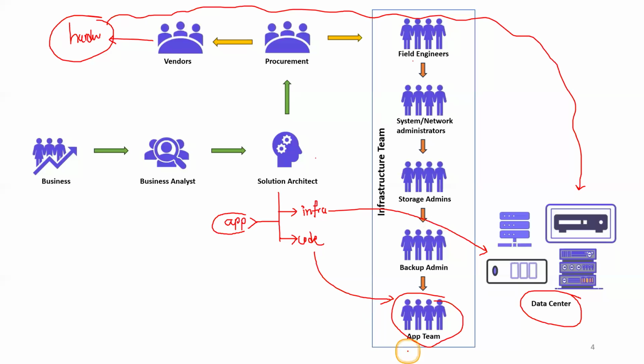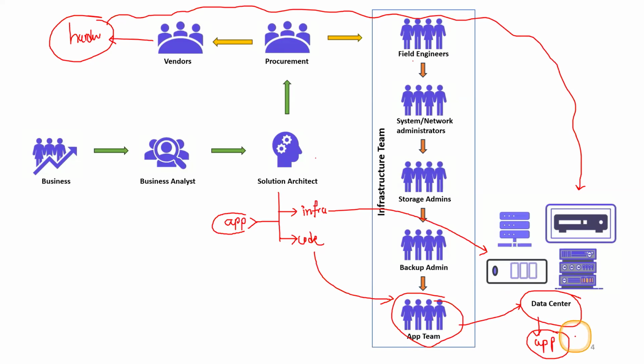That entire infrastructure is ready as per the standards and is given to the application team. Now the application team has developed the code. That code is going to be deployed on top of this infrastructure so that your application is running in the data center properly. That's where your application goes live, so that plenty of people start using your application.